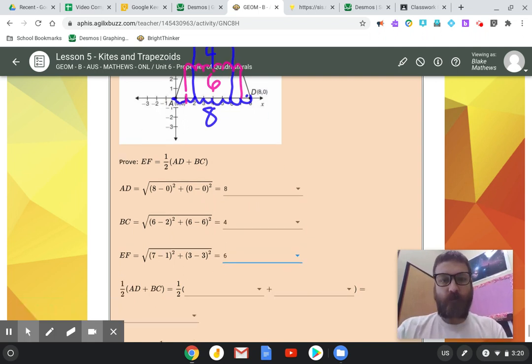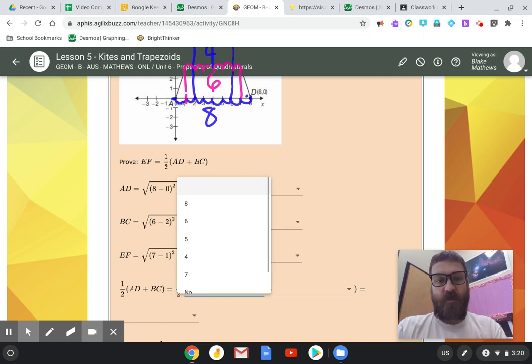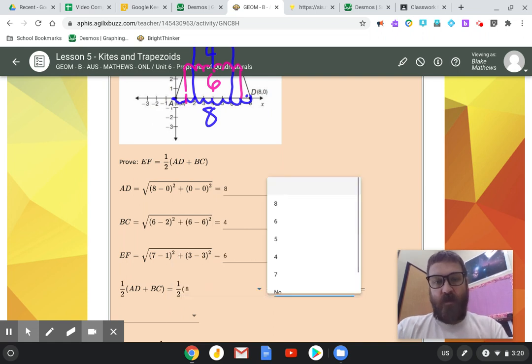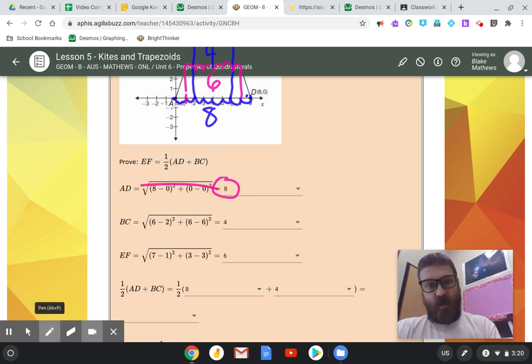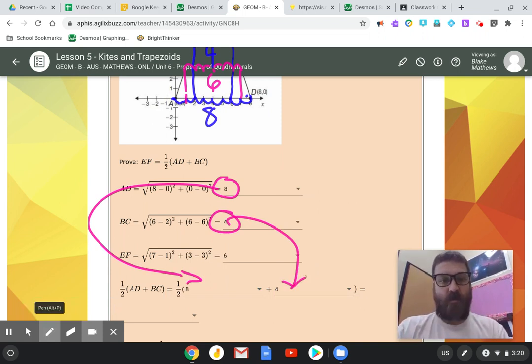6. Then they give us the actual formula we talked about in my lesson, which is that 1/2 of the sum of the bases. So 1/2 of 8 plus 4, and that's coming from here. We're taking the answer to this, 8, and we're putting it here. Taking the answer from this, and we're putting it here.